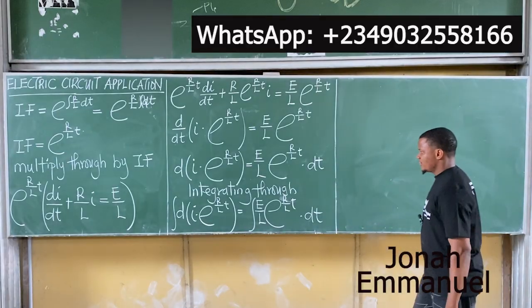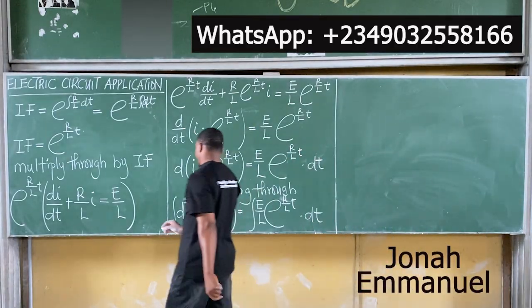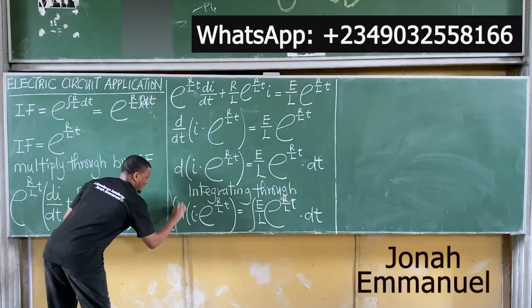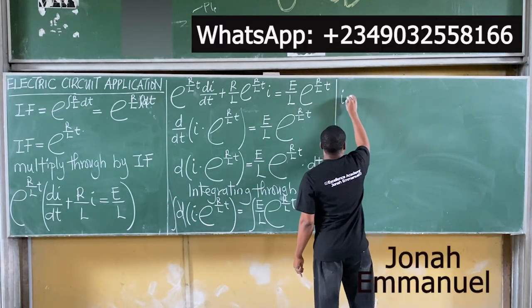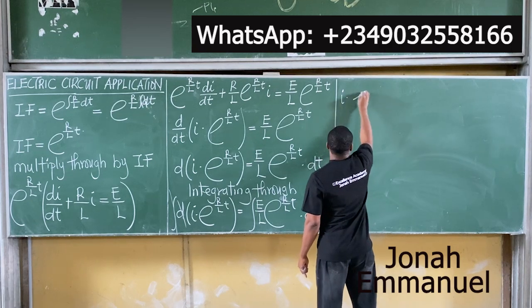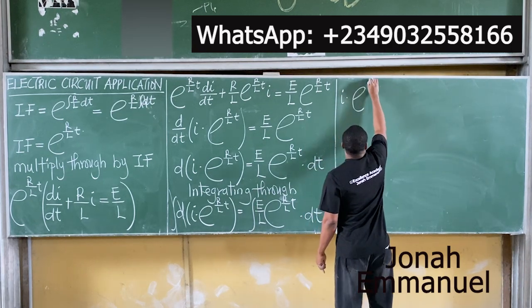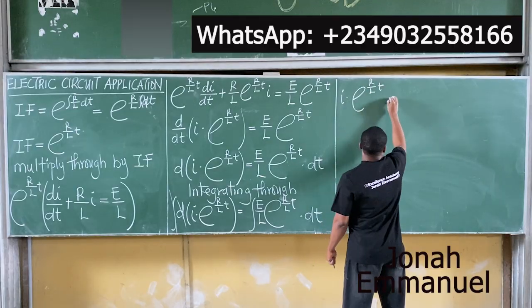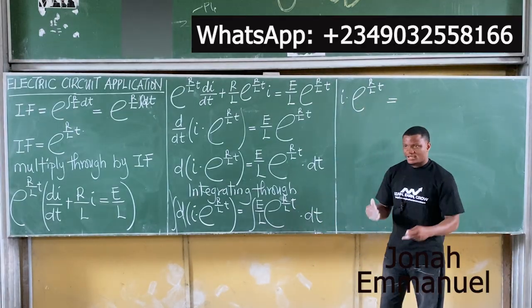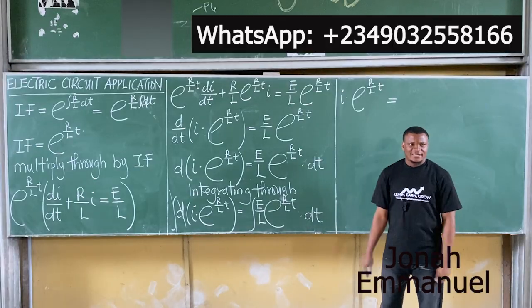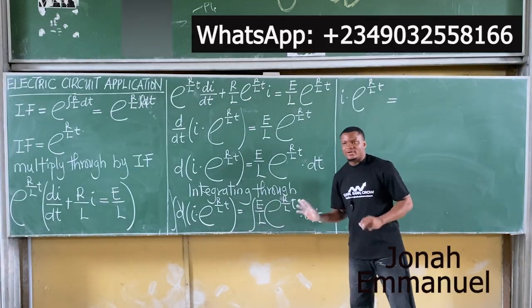All right. So how does this work? We know first things first that the integral cancels what there? The differential. So I'm left with I dot exponential R over L t is equal to, when it comes to integrating this, the concept here is that the constant goes outside the integral sign. That's E over L going outside.